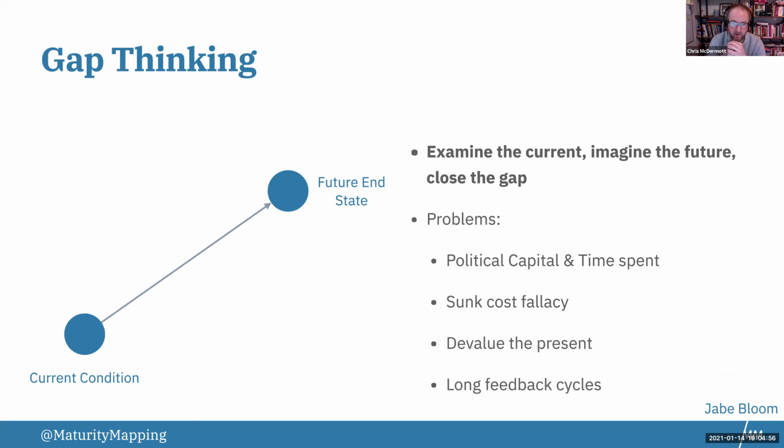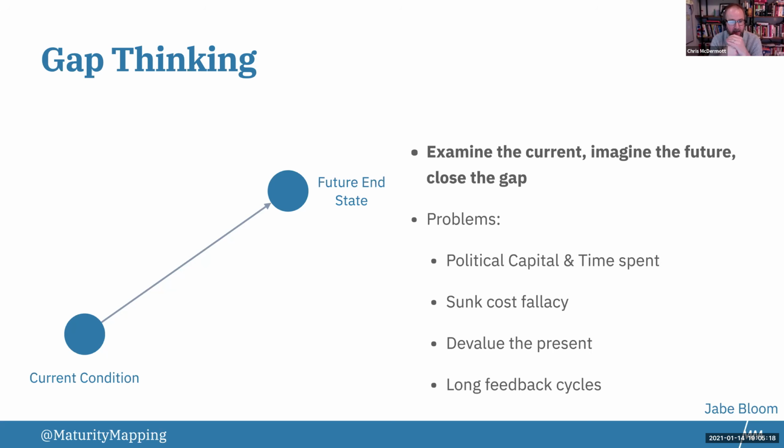The time, the political capital spent in imagining our future, the investment people put into this imagining of what might be within an organization. We have sunk cost fallacy, the investment that's been put into something, we must see it through. The key one for me is the devaluation of the present.